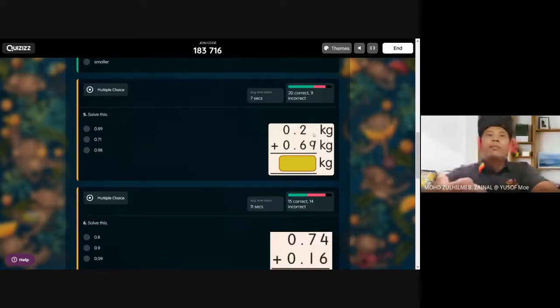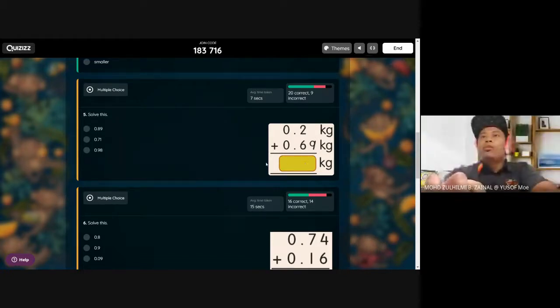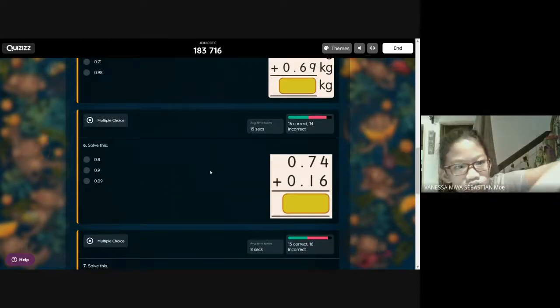Solve this. Okay, 0.2 plus 0.69, turun bawah 0.2 ni letak 0.20, 0 plus 9, 2 plus 6 equals to 0.89. Number 2.